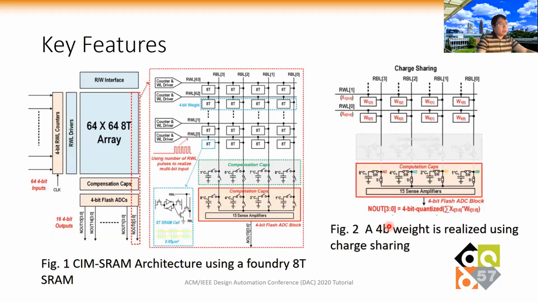So I will talk about the key features here. So the idea is simple. Because SRAM is binary in nature, if we want to implement a 4-bit weight, then we have to use 4 columns to represent the significance. And we can directly do the analog shift add before the ADC.